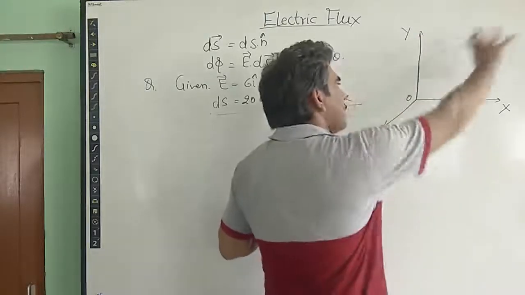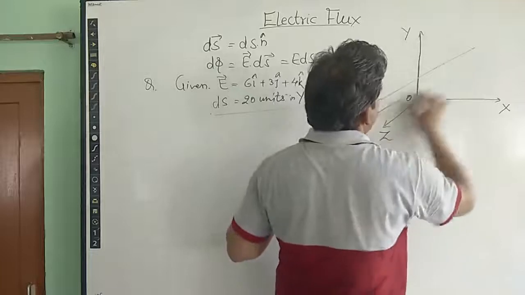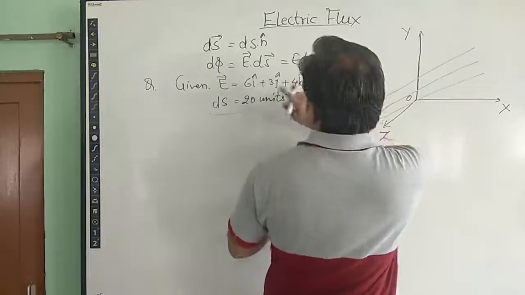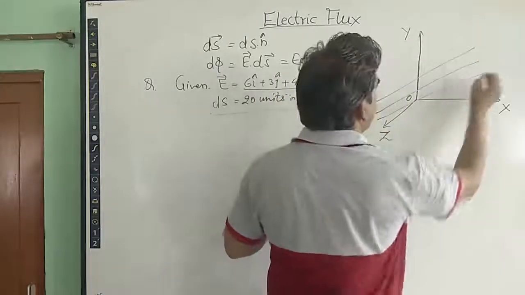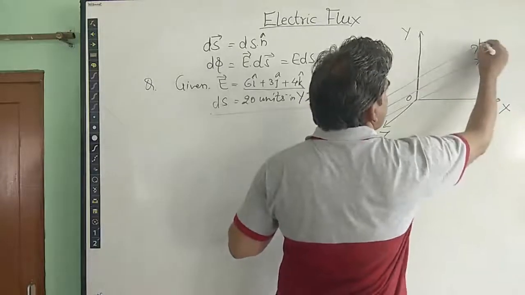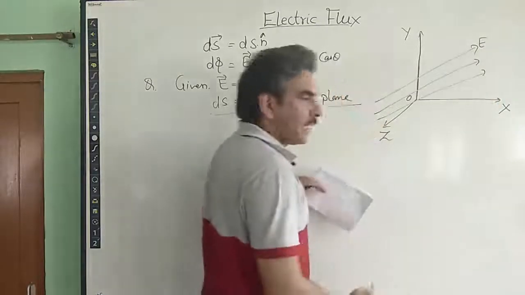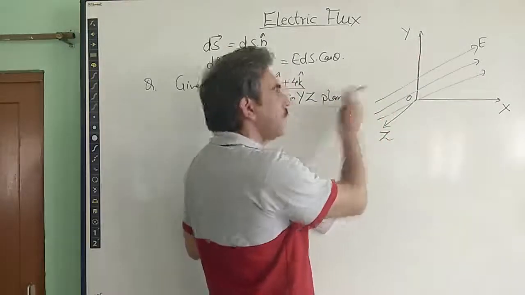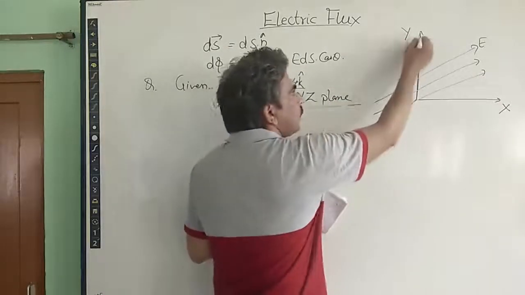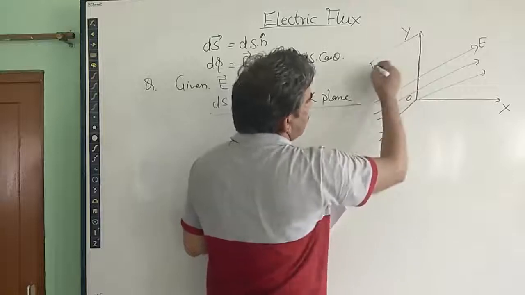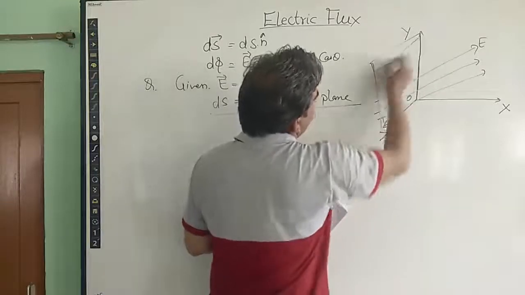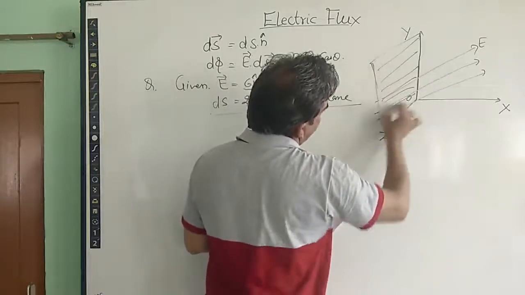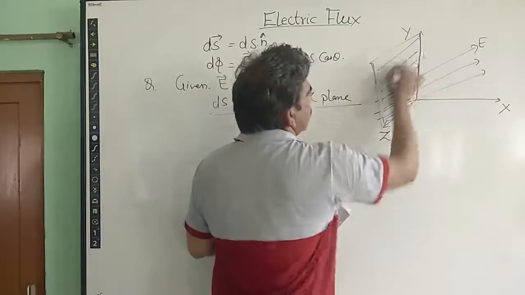The electric field is in some direction, for example this one, because it depends upon all three coordinates. And the surface area is in the YZ plane. So this is the surface area.